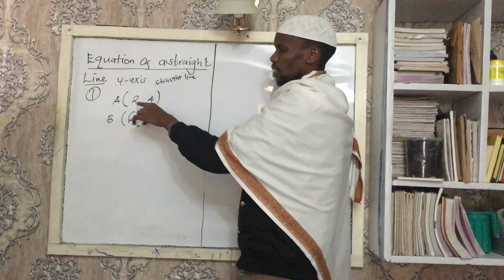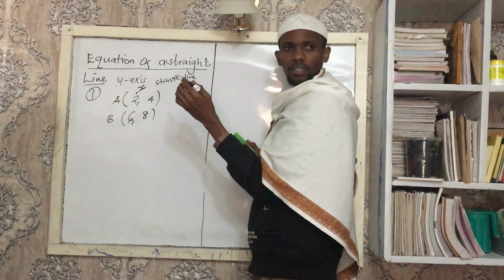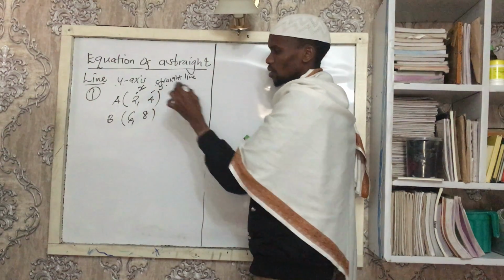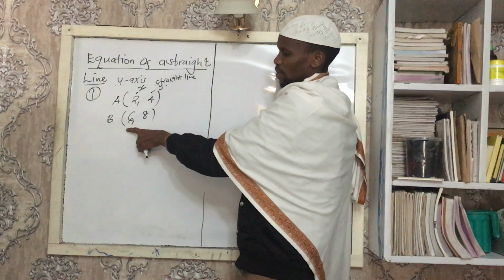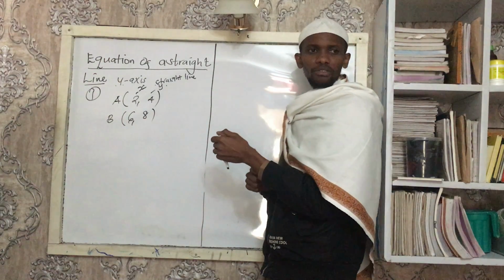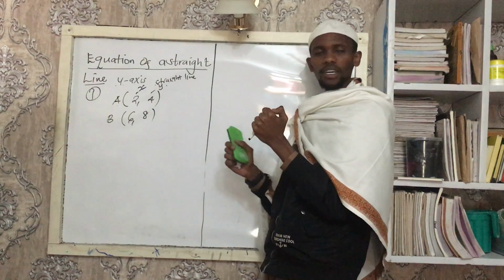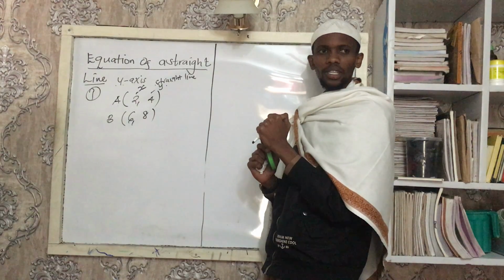Now always remember, these coordinates represent what? The first is the reading on the x-axis, and this one represents the y-axis. So in case B, what is the value of x? 6. What is the value of y? 8.